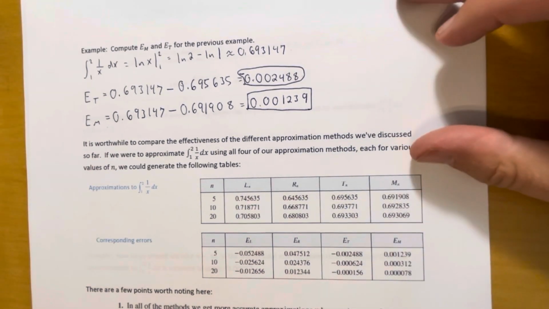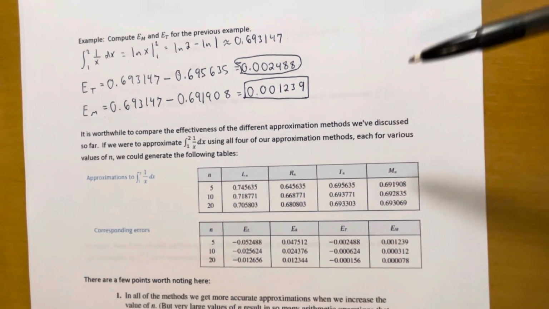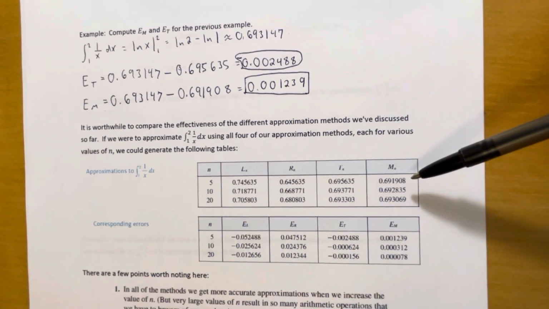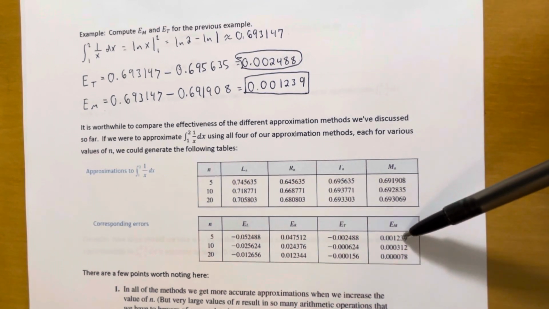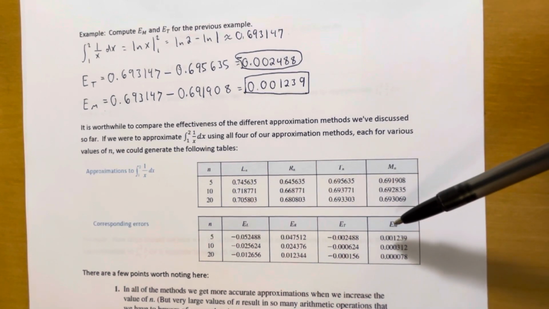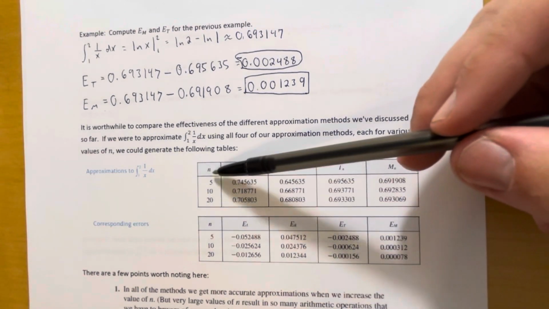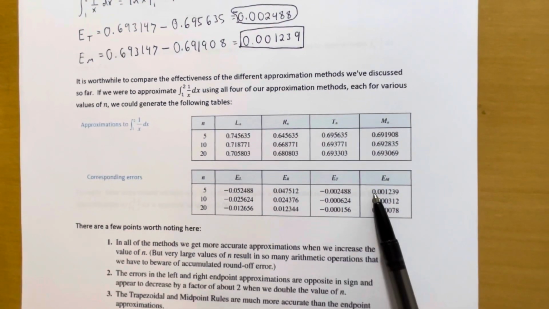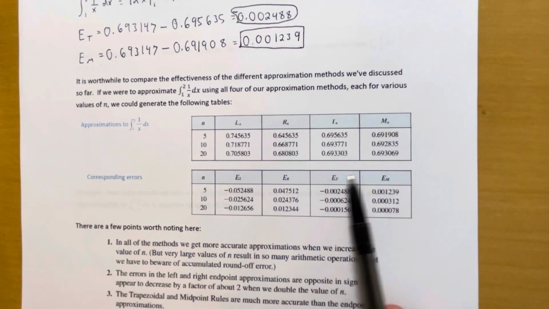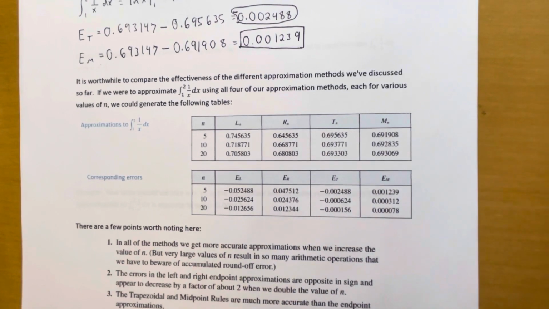But something else we observed in the previous video is that the midpoint rule tends to give us about half the error, once we take absolute values, that the trapezoidal rule does. And what we want to see here is, if n increases, do we see that trend still occurring? So coming down here, this table gives us the error terms for each of our approximations.